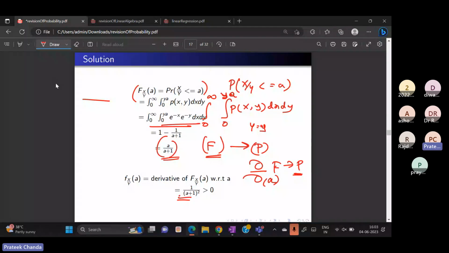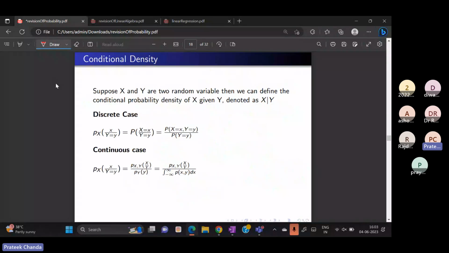Now we go to conditional density. Suppose I have two random variables x and y, and we can define the conditional probability density of x given y as this. If I want to find what this means, it's the same as writing this x itself.